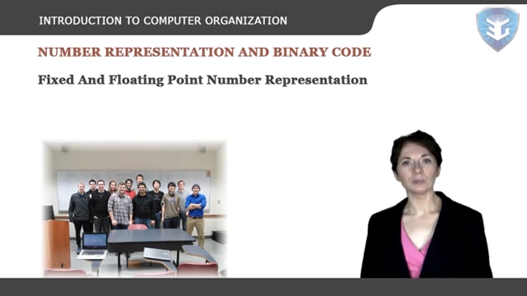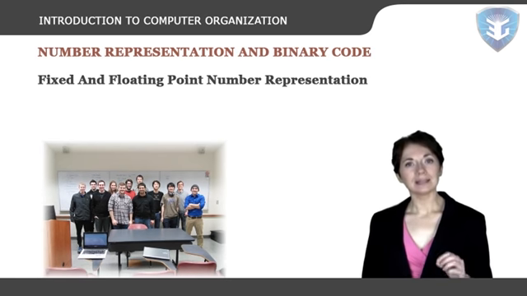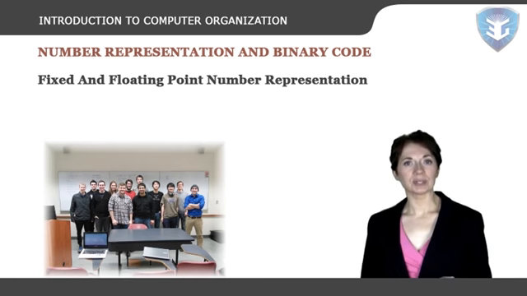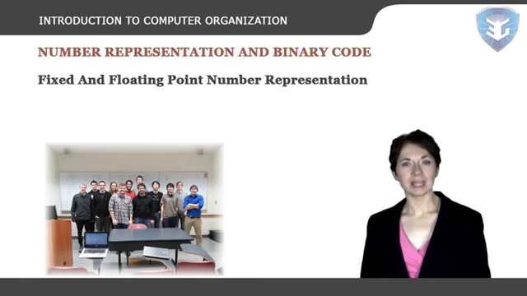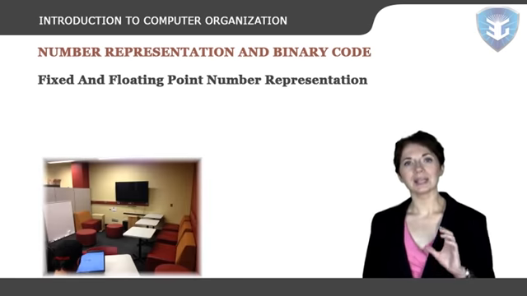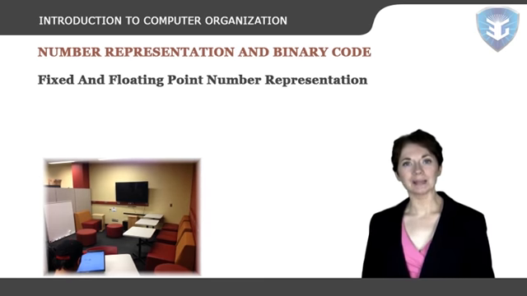Fixed and floating point number representation. The Institute of Electrical and Electronics Engineers, or IEEE, standardizes floating point representation in IEEE 754. Floating point representation is similar to scientific notation in that there is a number multiplied by a base number raised to some power.